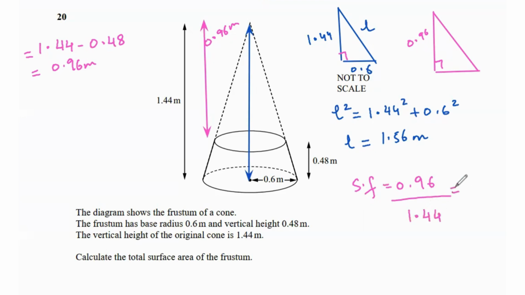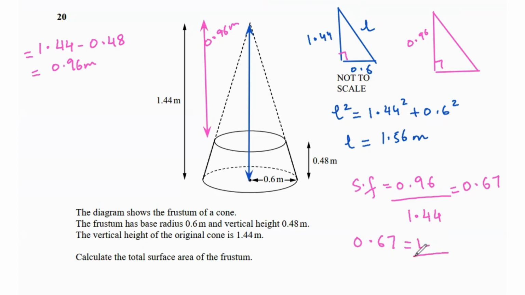So 0.96 divided by 1.44 gives us 0.67. I'm rounding it to 0.67, 0.6 recurring actually. Now, that means that the slant length will also change based on the scale factor. So 0.67 times the slant length of the original cone, which we have already found to be 1.56, equals the slant length of the removed cone, which is what we're trying to find.